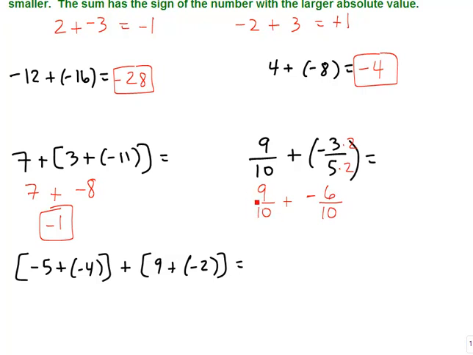So now I have a positive 9/10 plus a negative 6/10. A positive and a negative means I want to subtract. So 9 take away 6 would be 3, and the 10 in the denominator stays put. And since the 9 is larger and it was positive, my answer is going to stay positive. So our final solution is 3/10.